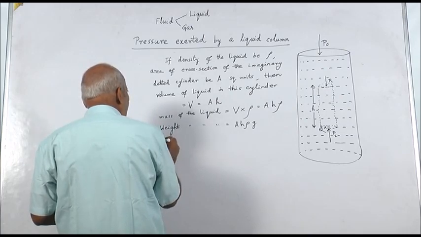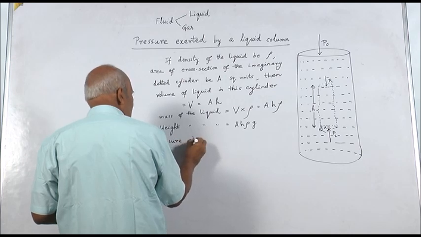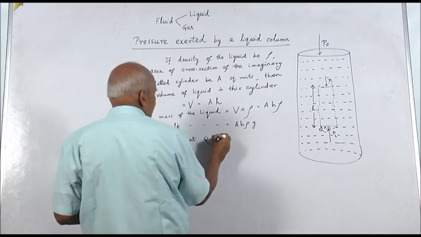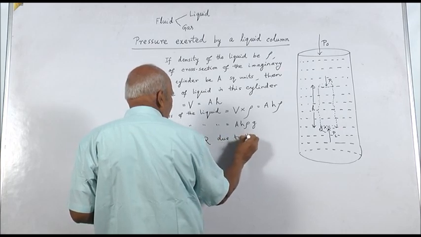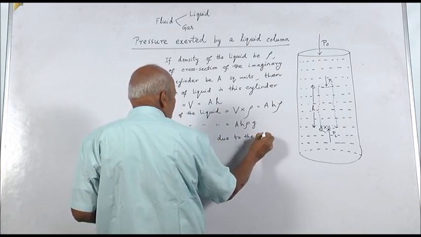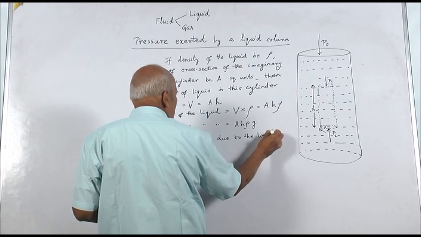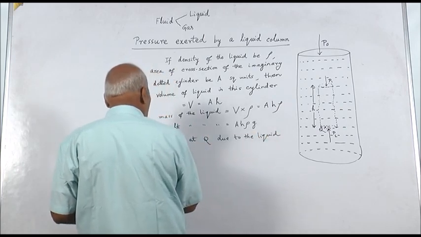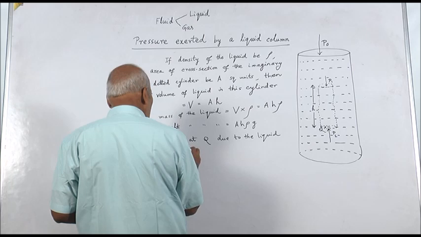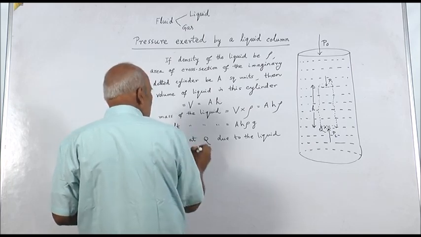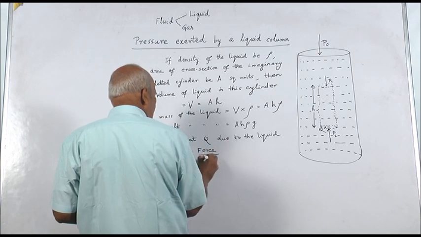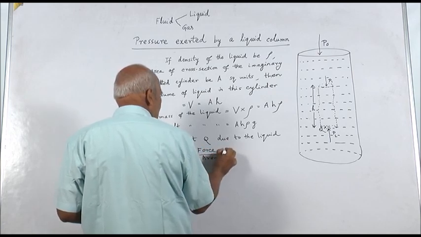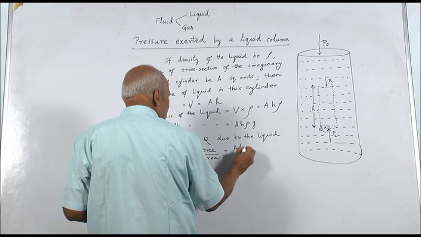So, the pressure at Q due to the liquid column is equal to force by area. So, force is weight.